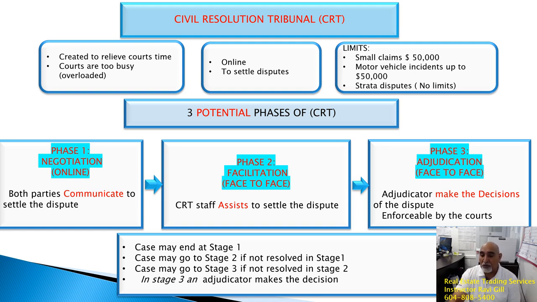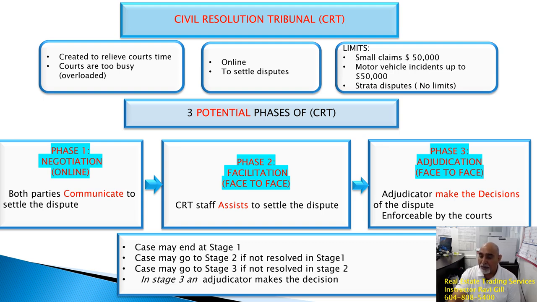Phase two, if it goes to phase two, is called facilitation. This is face-to-face now, not online. The first step, phase one, called negotiation, was online. Here we get assistance from the CRT staff in resolving the dispute.